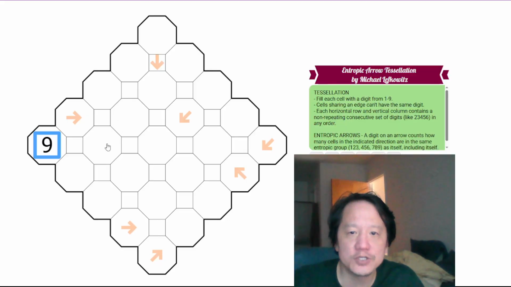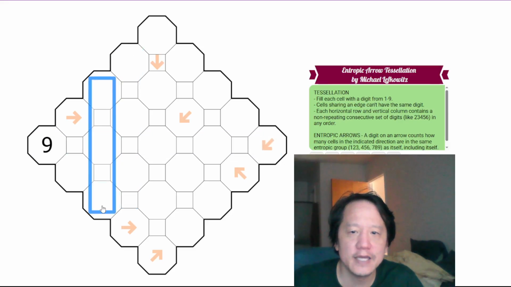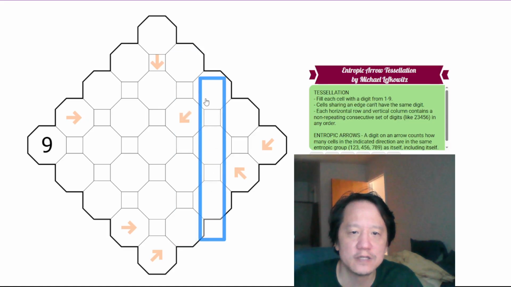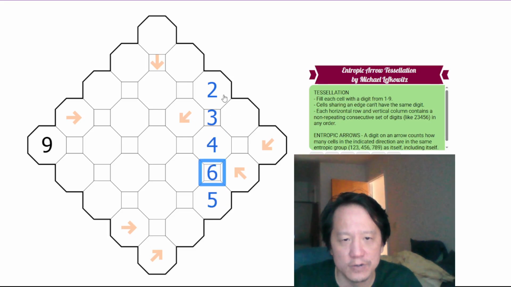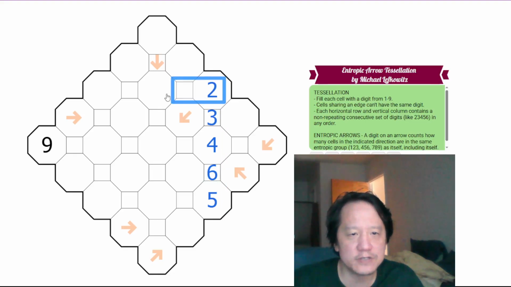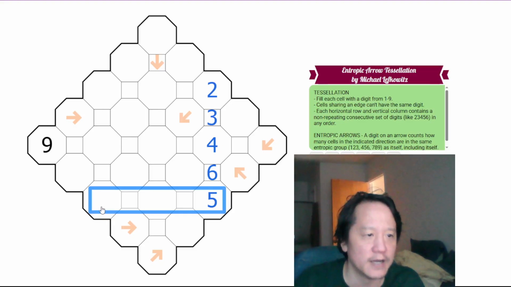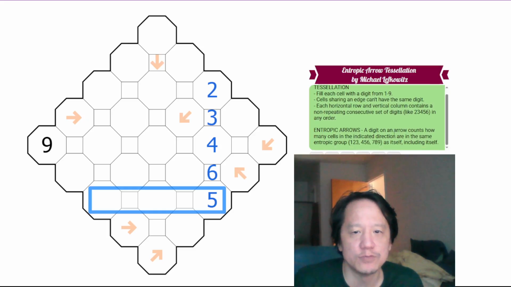Also, each horizontal row and vertical column contains a non-repeating consecutive set of digits, like for example 2, 3, 4, 5, and 6 in any order. So essentially every row and column acts as a Renban line. So that's the basic tessellation rules.